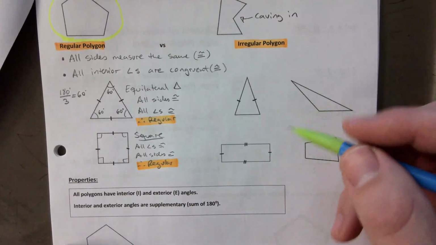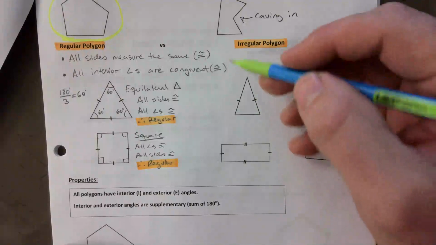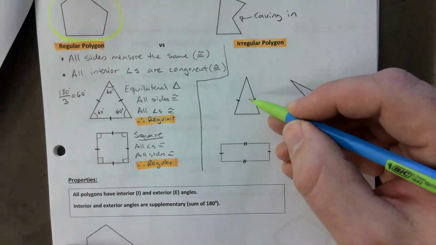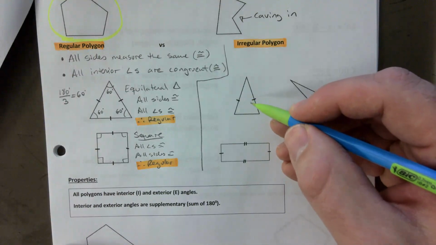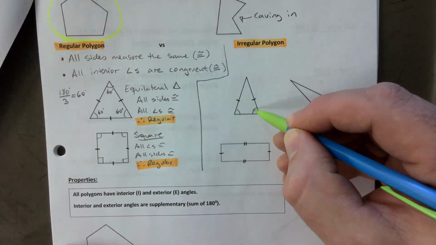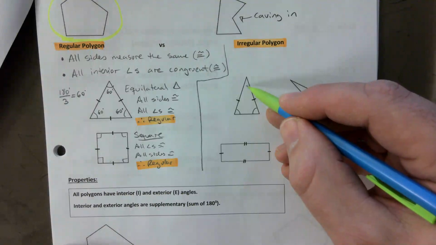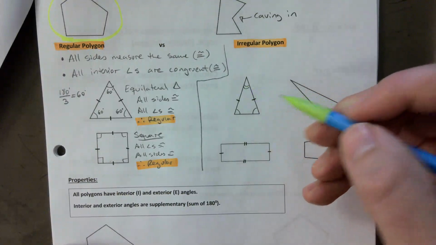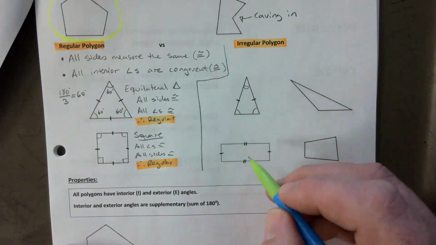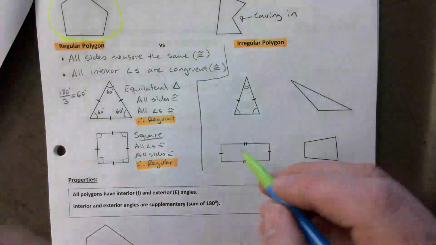Okay? Would an isosceles triangle be regular? No. Because you've got 2 angles that are the same, but this one is different. So this would be irregular. But then you have the rectangle. Rectangle is kind of like playing in between the lines here.